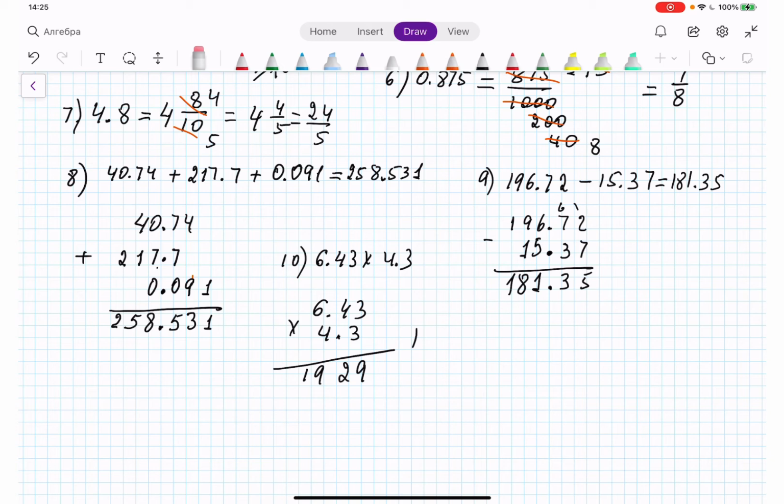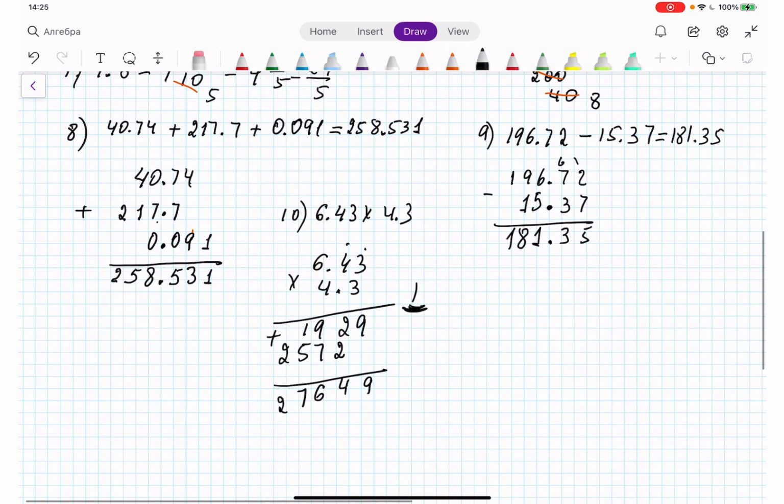Next. 4 times 3 is 12, shifting by 1, remember, for multiplication. 12, 1 in mind. 4 times 4, 16, and 1, 17, 1 in mind. 4 times 6, 24, and 1, 25. Let's add them up. 9, 4, 16, 1 in mind. 6 and 1, 7 and 2.